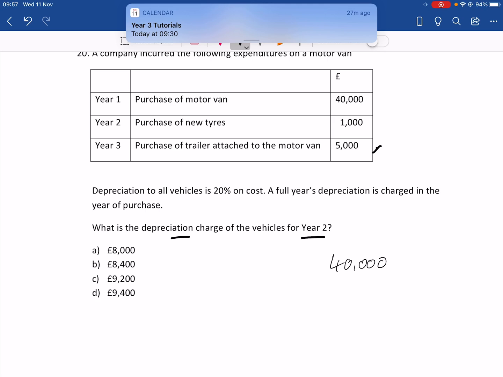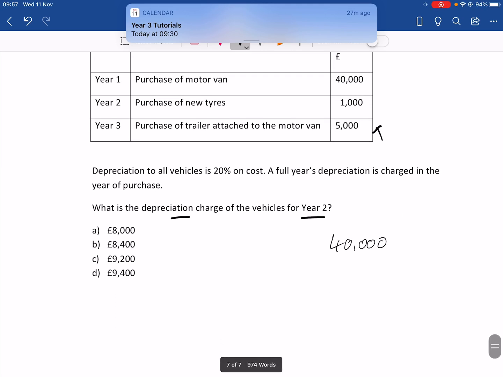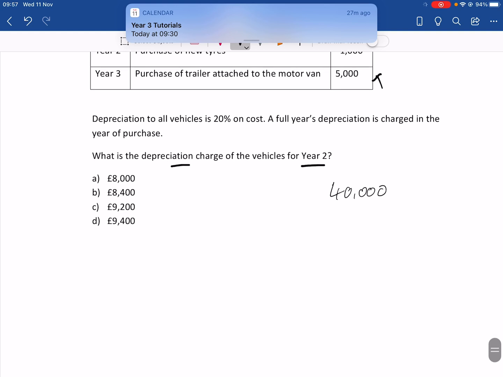And year 3 is not relevant because we want to know for year 2. The depreciation charge is the same as it was for year 1. So what you do is 40,000 times 20%, which gives you the depreciation charge. So that is 8,000.